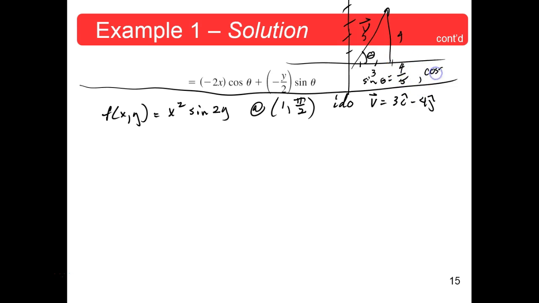Cosine of that angle is 3 over 5. That's all we need from that angle. We don't care what the unit vector is. All we care about is what the sine and cosine is, ultimately. You could go back to unit vector if you wanted to, and it's easy enough to do. 3/5 i minus 4/5 j.